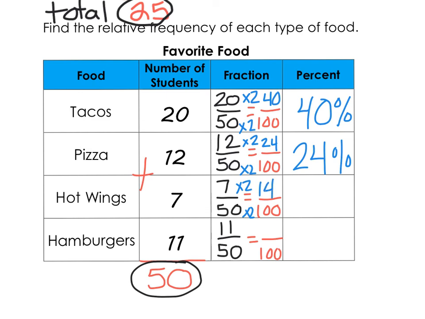So 7 out of 50 would be 14%. Pretty easy. Last one. 50 to 100 is times 2. So 11 times 2 is 22, which would give us 22%.